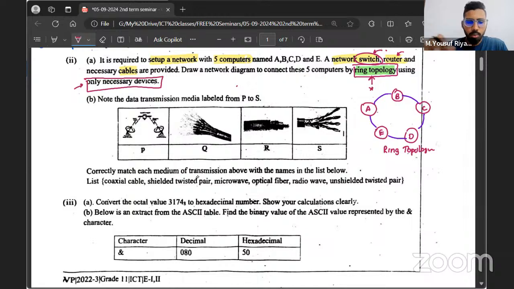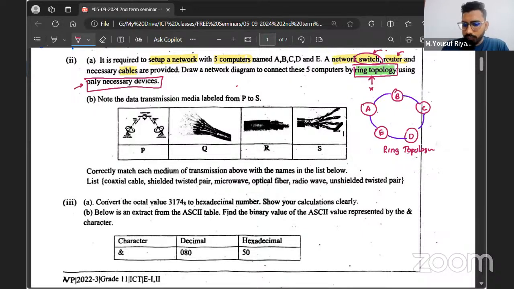Most of the topologies we learned were regarding local area networks. If you want to have a metropolitan area network or a WAN, that is where you will need a router. For a local area network, a router is not needed because here we are talking about a wired connection. A router is needed for a wireless connection.